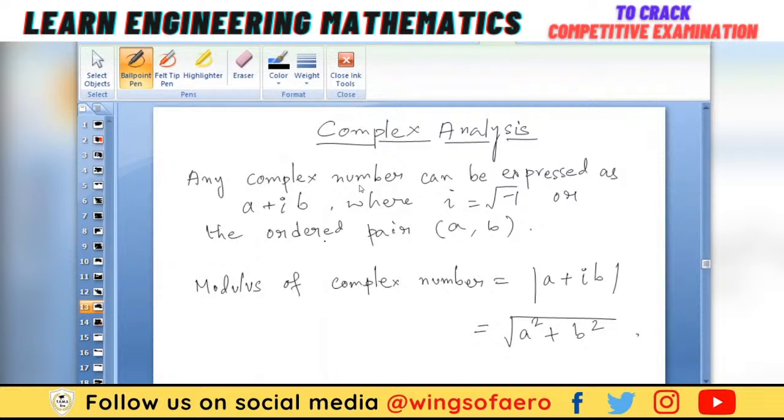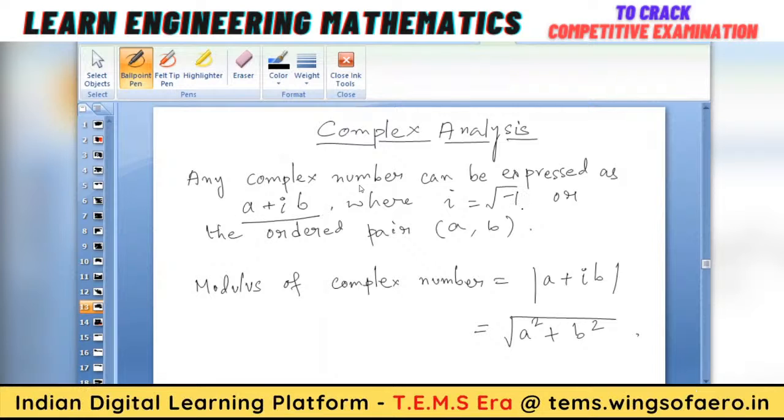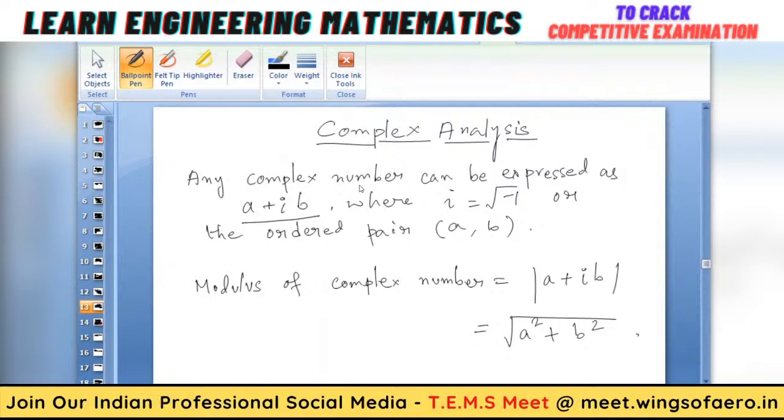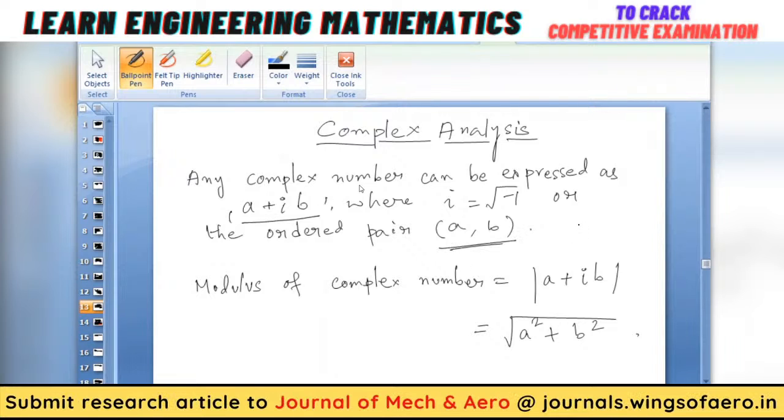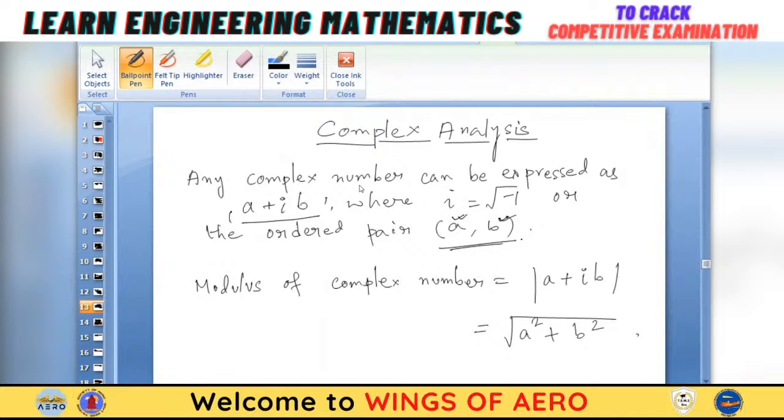So you know complex numbers very well. A plus iB is a complex number where i is equal to root of -1. In higher mathematics, this A plus iB form is not used. The form used is (A, B), the ordered pair form. So in an ordered pair, this is called the real part, and this is called the imaginary part.